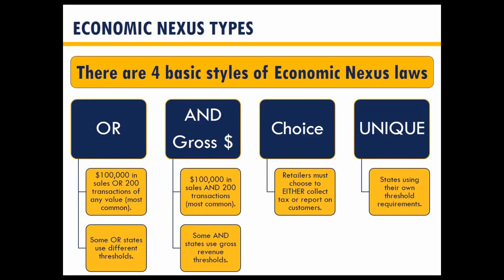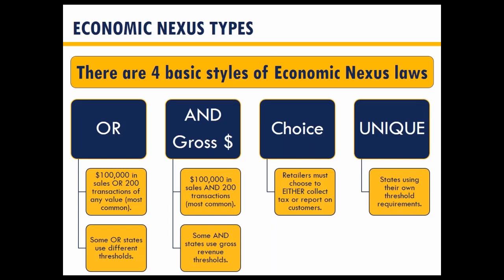Also important to remember in this 100,000 number, if you are someone who sells mainly to resellers, so they're exempt, those sales count towards the $100,000 limit. So it's not just retail sales, it's all sales.